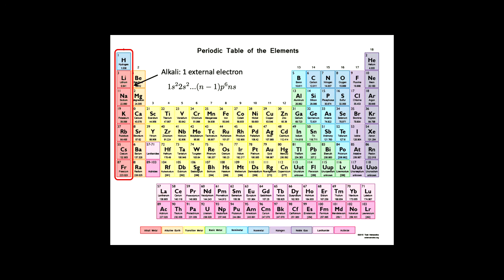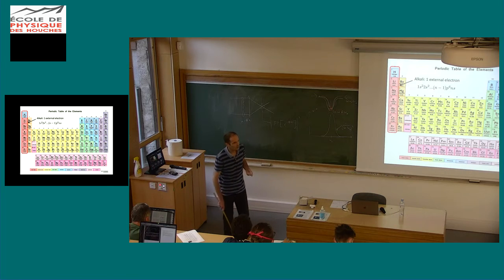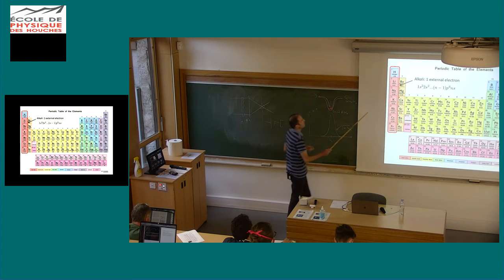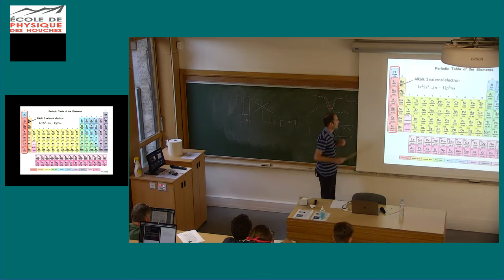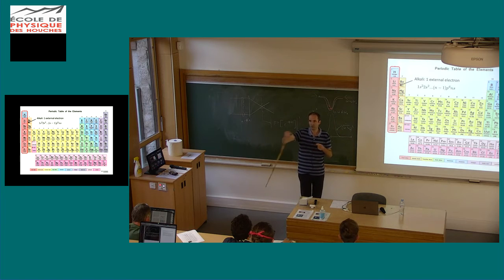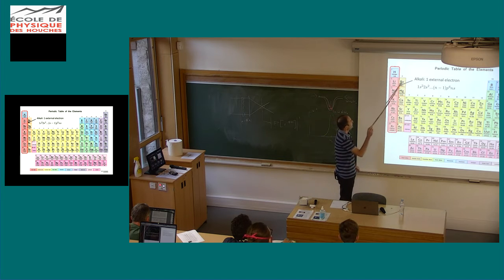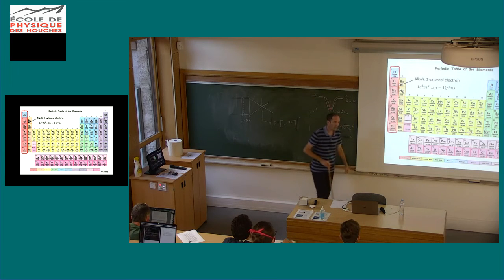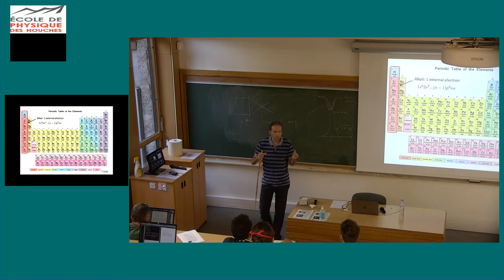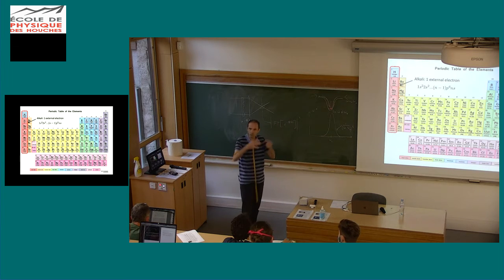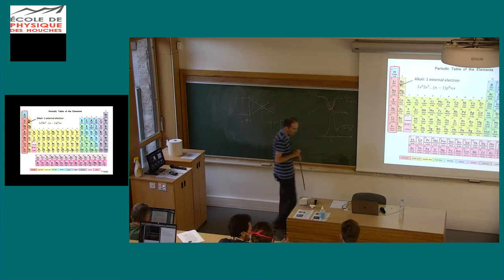For most of the discussion, and it was true until the end of last year, I will stick to alkalis, just because they are easy to think of. It's just an electron away from a nucleus, which is screened by the inner core electrons. Now people are looking more and more at higher states, so things are a bit more complicated from the point of view of the atomic structure, but essentially the gross physics is the same.